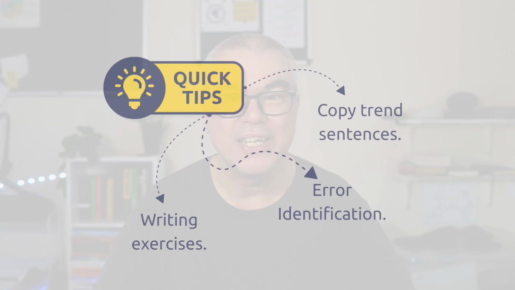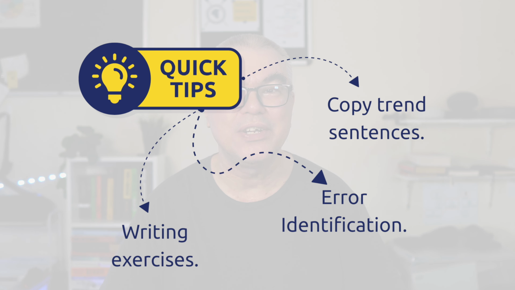And then the next practice exercise you can do is to do some error analysis. That is, just look at some example trend sentences, analyze the way the grammar structure works, and decide if they are right or wrong. And then finally, practice number 3 is to write out some trend sentences for yourself.